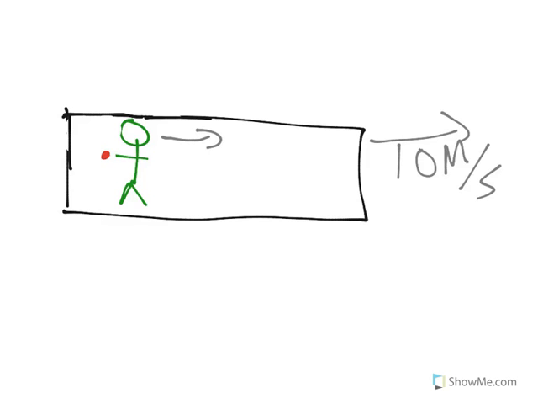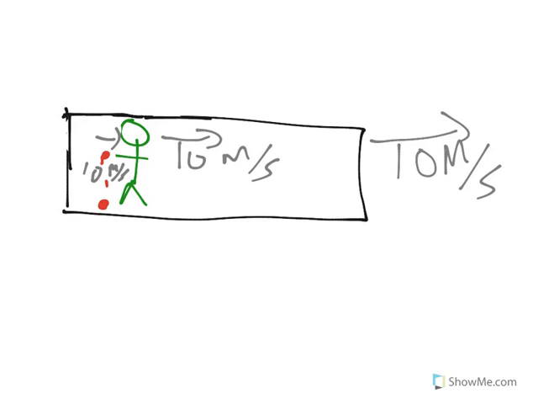It doesn't really matter, but just use 10 meters per second for the sake of argument. Then you inside the boxcar are going at 10 meters per second, and the ball in the boxcar is going at 10 meters per second. So when you drop the ball, you will perceive the ball falling straight down.